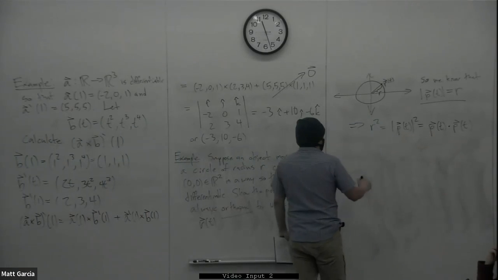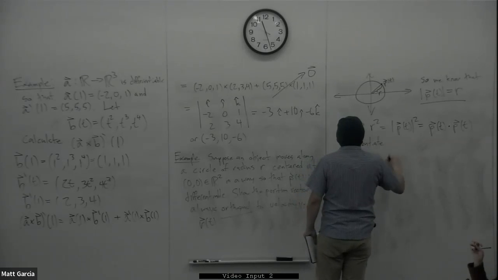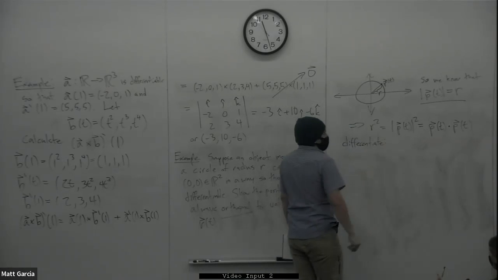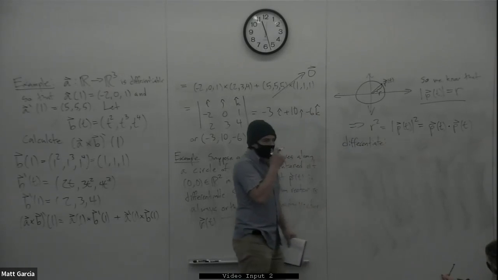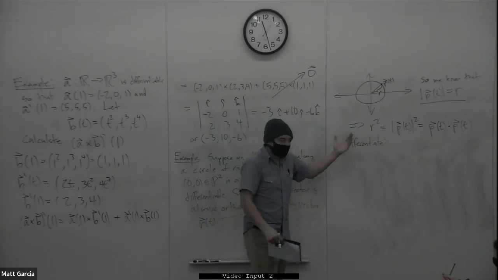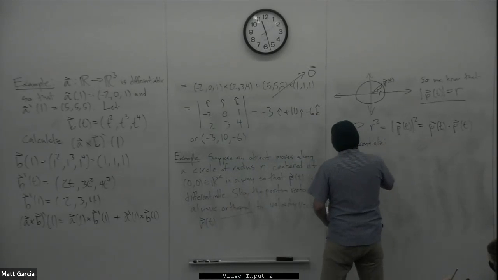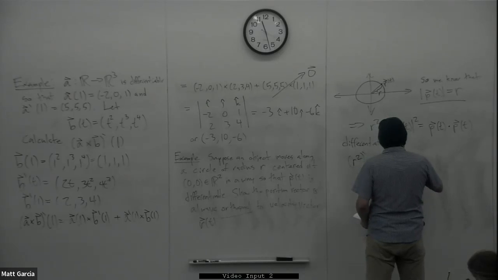Okay, so what's the derivative of r squared with respect to t? Zero, yeah. R is just a constant, right? R is just the radius of the circle. So its derivative is zero. So the derivative of r squared is 0, which is equal to the derivative of p dot p.